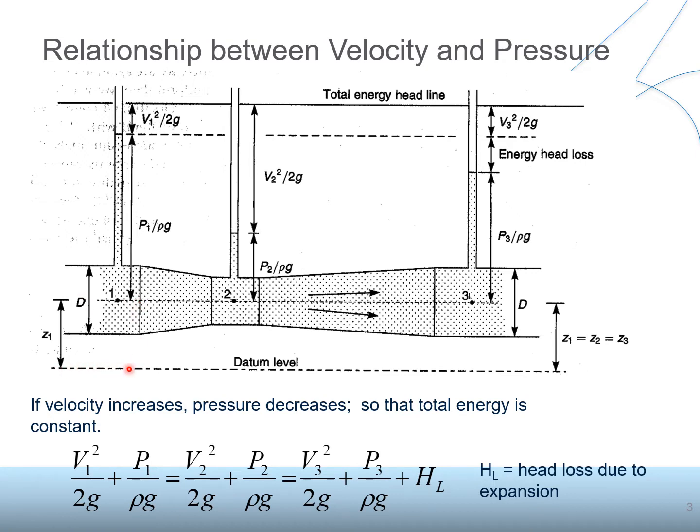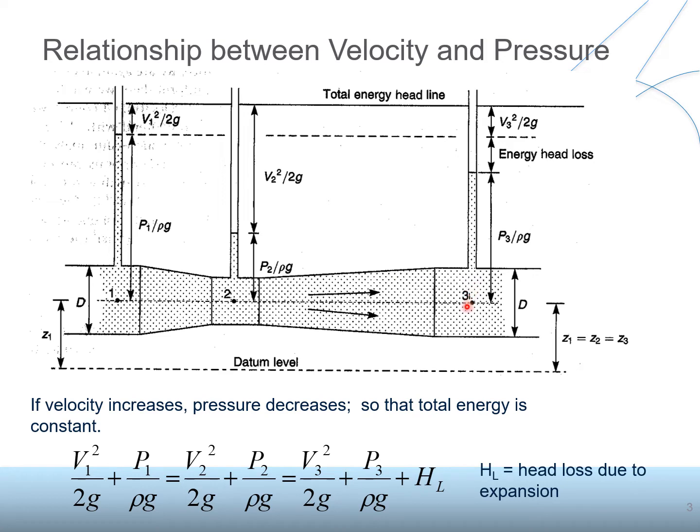So that means from some assumed datum level, what is the elevation? So that is the elevation head, the height, the velocity head, which is represented by V square by 2g. So this height is velocity head, and the pressure head, which is P1 over rho g. Okay, so if we poke a hole and then put this tube here, then the water level rise up to that point, and that is the pressure head.